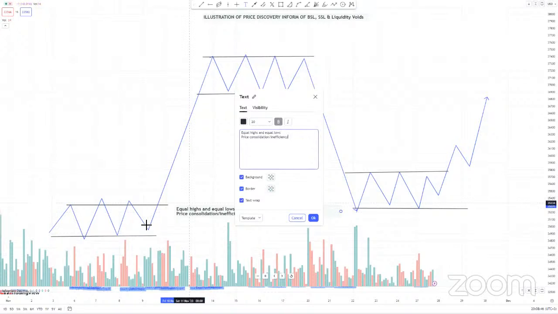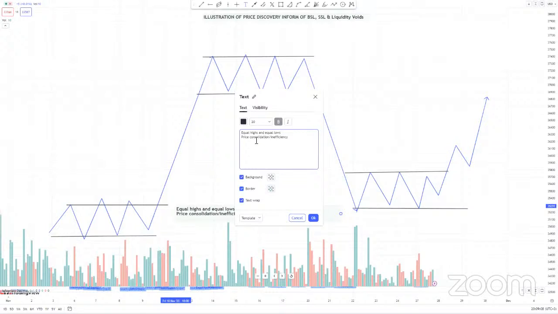Whenever you have price in a consolidation moving higher, lower, and higher and lower, there is a bit of a disconnect from what the buyers and the sellers are doing. And because of that, we tend to believe that the market is not fairly priced. So because of that, the market will usually move to correct that imbalance.